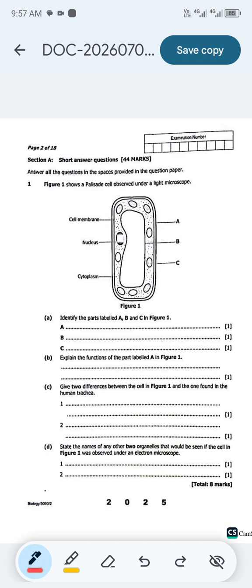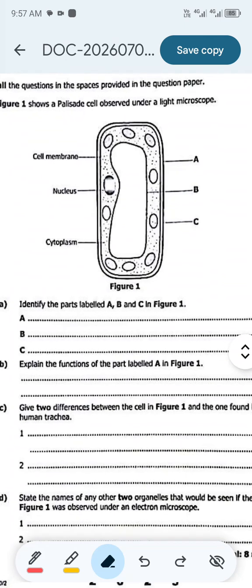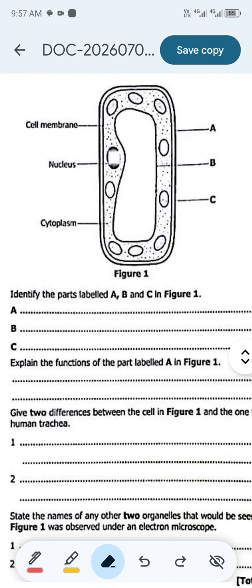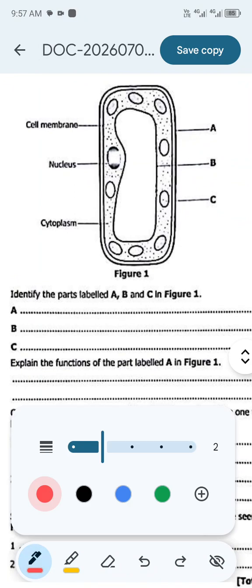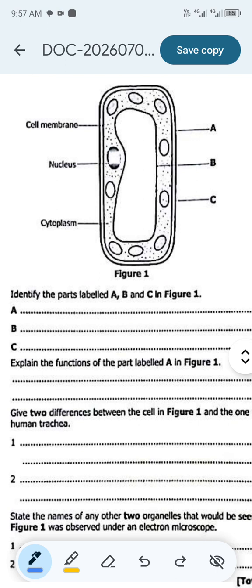So we want to identify the parts labeled A, B, and C. Let's zoom in and label these structures well. What are the structures labeled A, B, and C? We can clearly see that A is the cell wall. How about B?